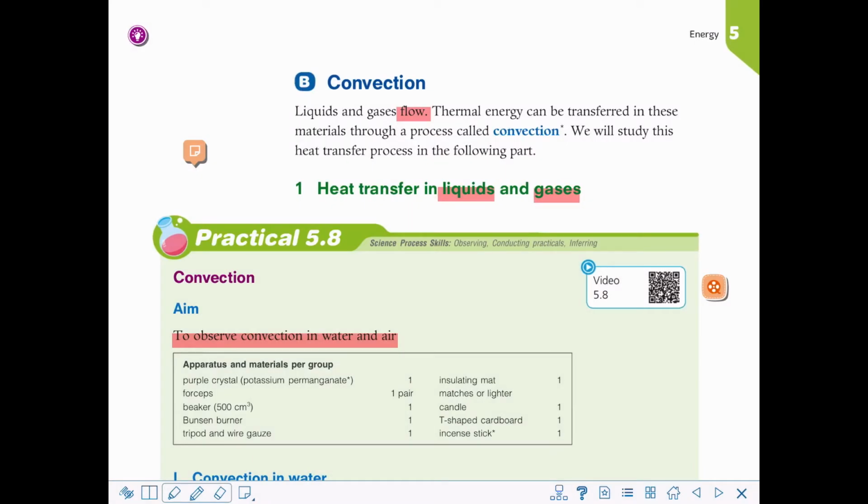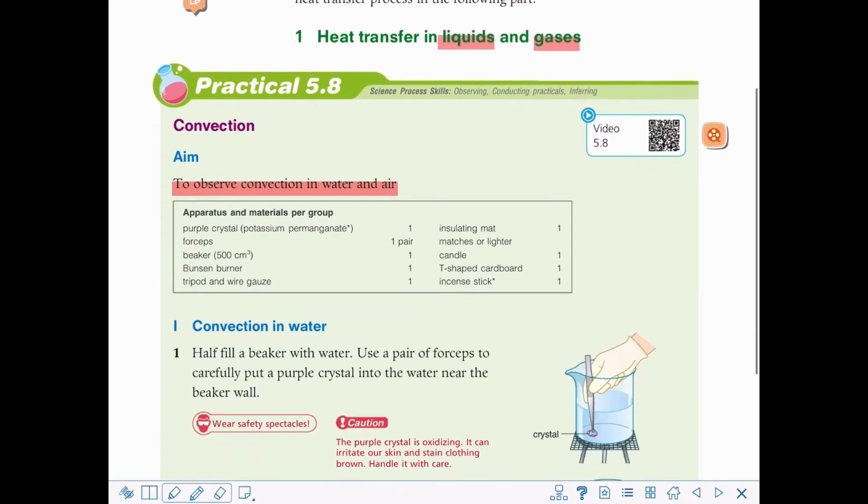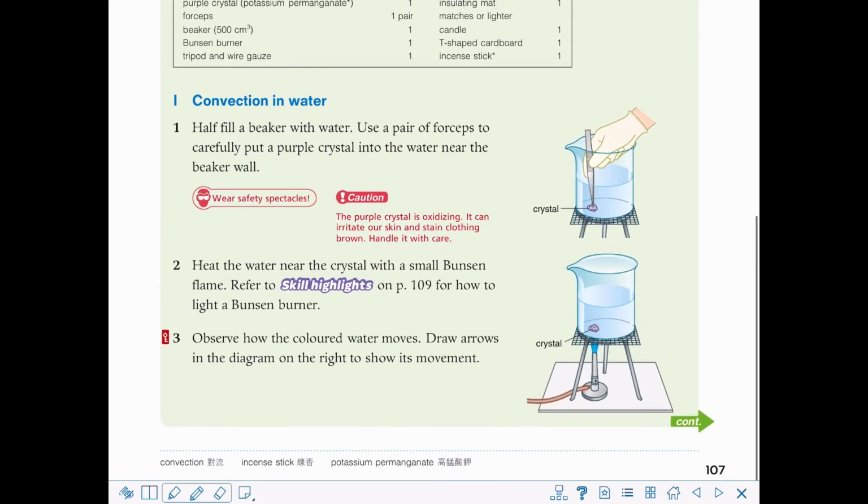Answer the question now. Press the pause button now to stop the video until you are done with the answering. Now here is the answer.